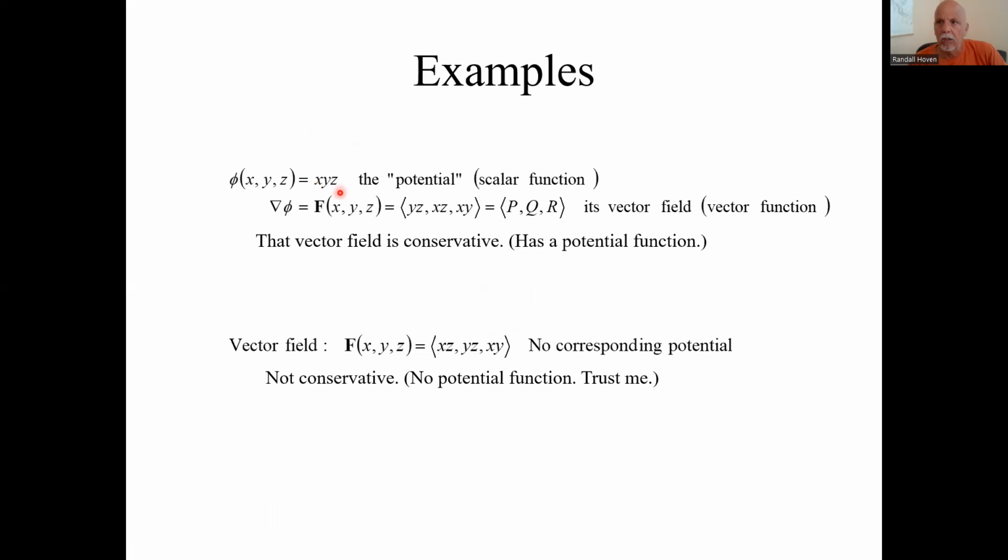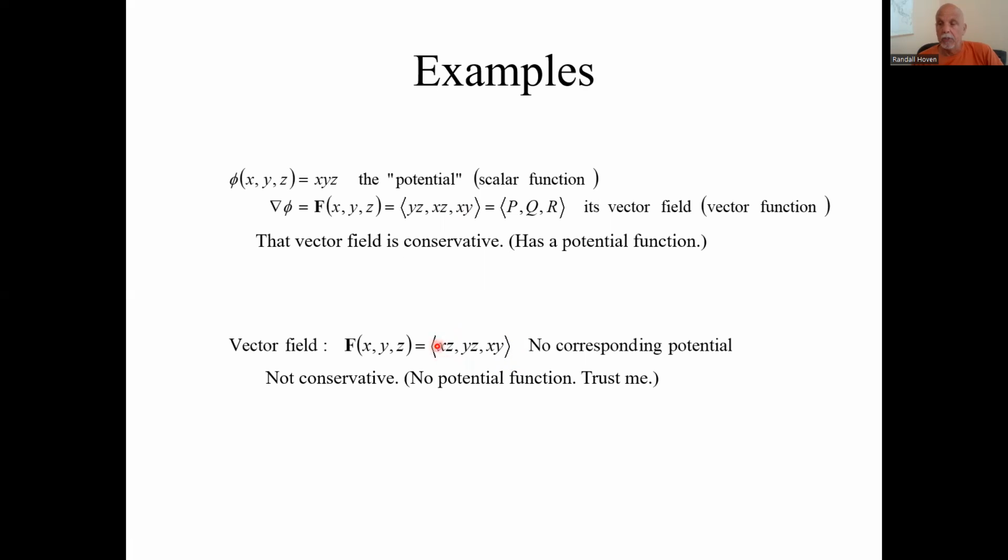So here's a simple scalar function phi of x, y, and z. Take its gradient, I just get yz, xz, xy. That is a vector field. And it's a conservative vector field because it came from a potential. By the way, you're going to be seeing P, Q, and R a lot in the future of this course, where P is the x, y, and z function describing the x component, Q is the y component, R is the z component.